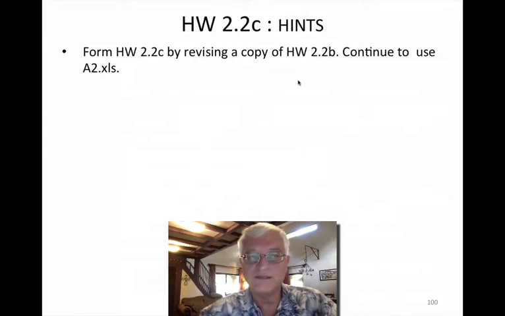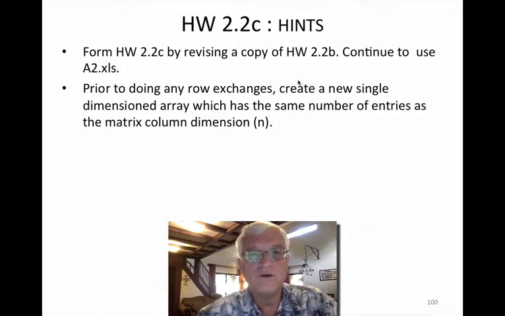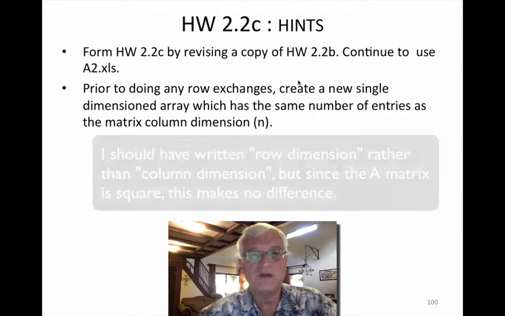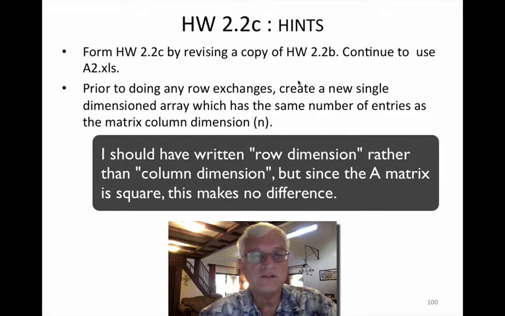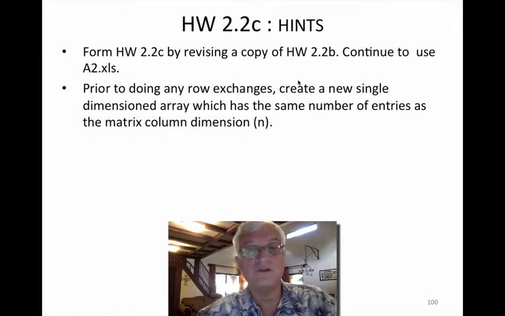Okay, so again, step one, you're literally creating a new version of the MATLAB code. Then look for where you're doing row exchanges in your logic. There should be two locations. One where you're exchanging the rows of A, and the other one is when you're exchanging values of B corresponding to the same rows that you exchanged in A. You're going to take that code out.